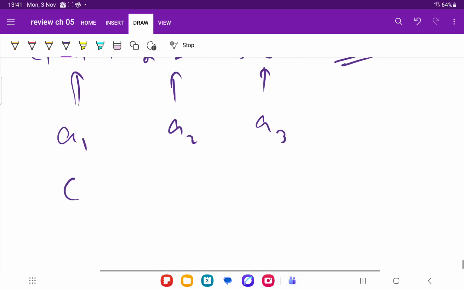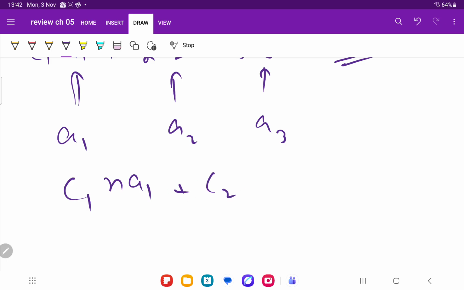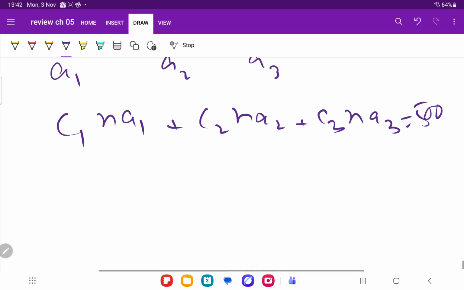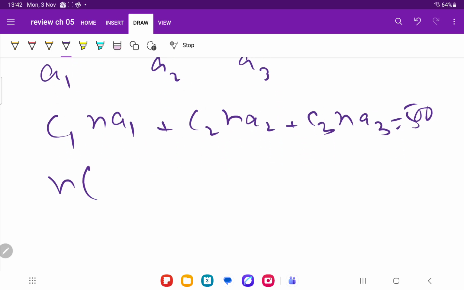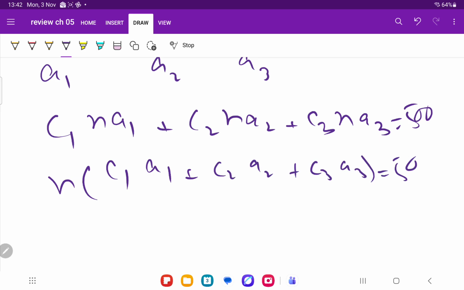Because C1 N1 is equal to N A1, C2 N2 is equal to N A2, and C3 N3 is equal to N A3, which is equal to $500. So from here you could take N out. So you will be remaining with C1 A1, C2 A2, C3 A3, $500.